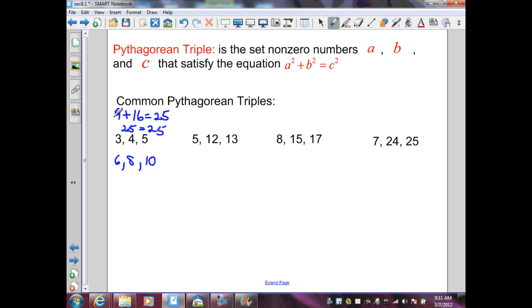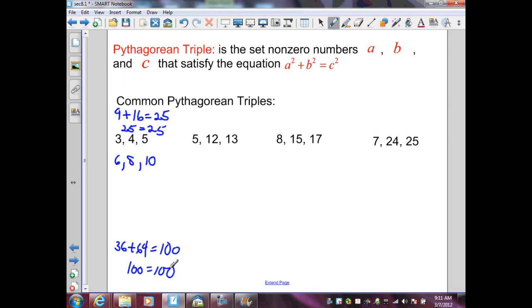If I substituted that into the Pythagorean theorem, I would end up with a right triangle. For example, that would be 36 plus 64 equals 10 squared, which is 100. 36 plus 64, 100 equals 100.